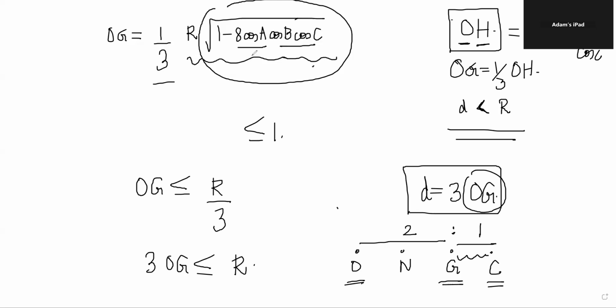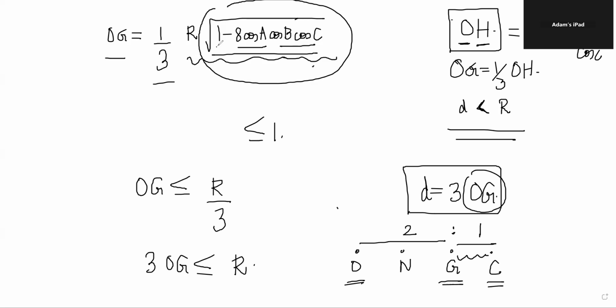And what I'm saying is, obviously OG is less than R. That's not a problem. What we are doing is, can we make the square root as big as possible, or 1? That is possible if one of the angles is 90. In the right angle triangle case, we'll get OG equal to R by 3. In other cases, this square root is always going to be smaller than 1, I think.